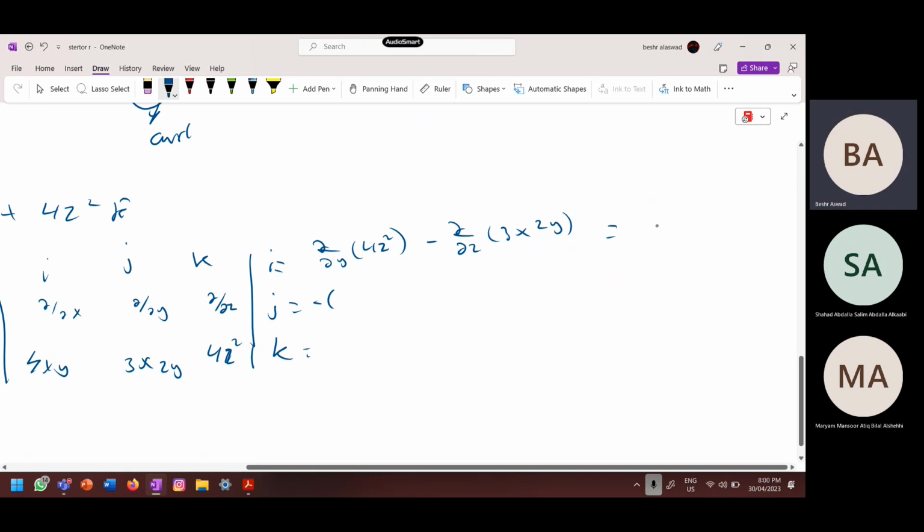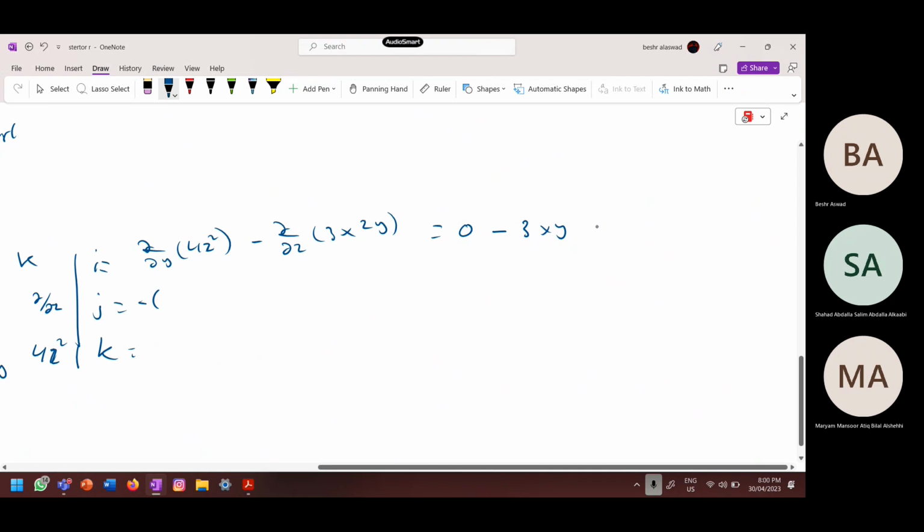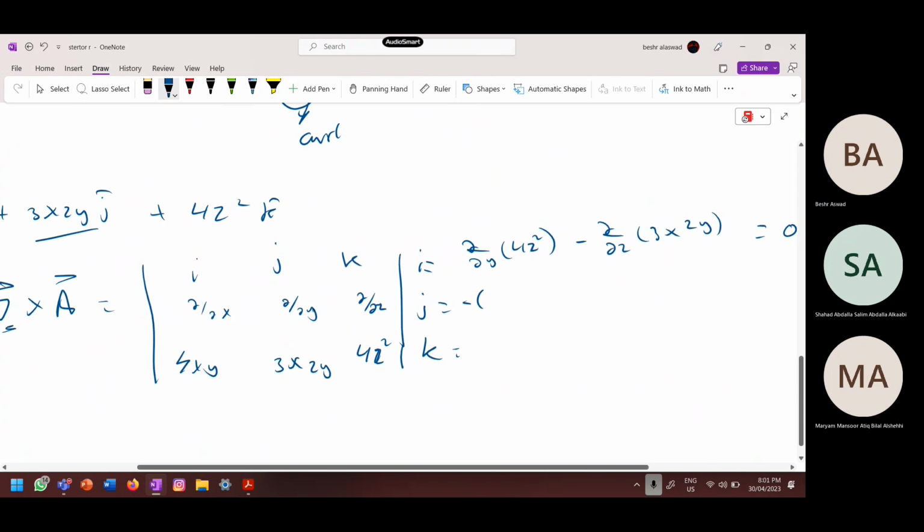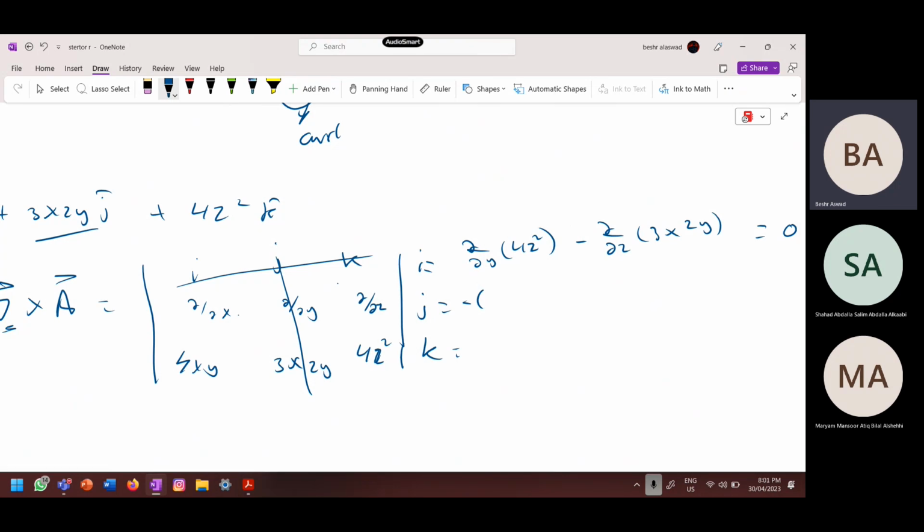Partial y for this is equal to 0. As for partial over partial z for this, it is just 3xy. So this is 3xy i hat. As for j, cross these, and you get these two columns, treat them as one matrix.